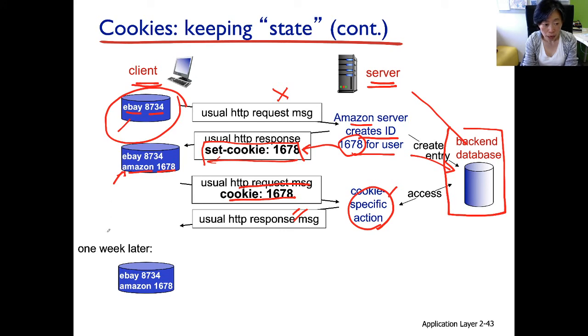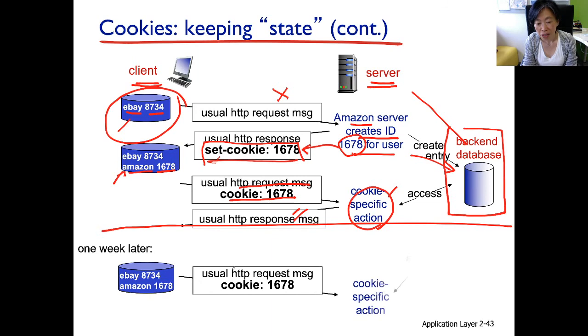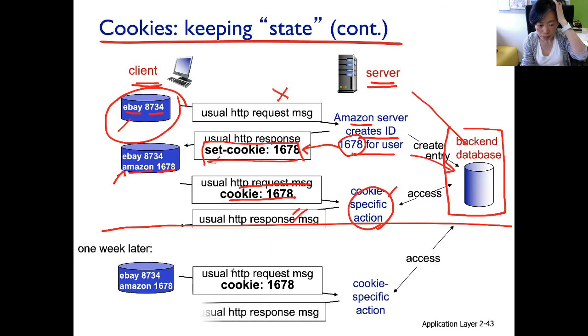What's amazing there is, one week later, when you come back and try to purchase something from Amazon again, the first request message you'll be sending will already be carrying the cookie entry. Once you have it set up locally on your cookie file, for all the subsequent HTTP requests, it's going to by default carry the cookies.